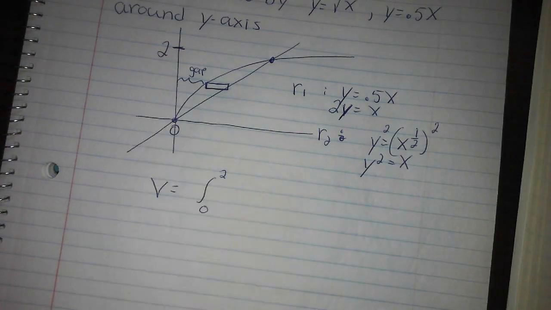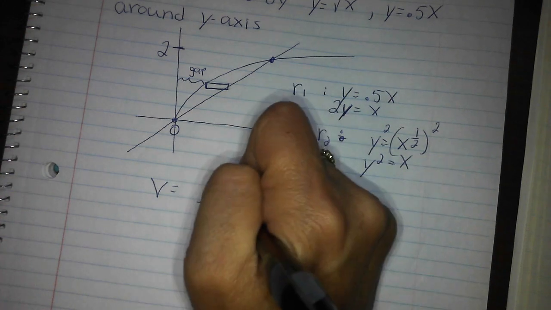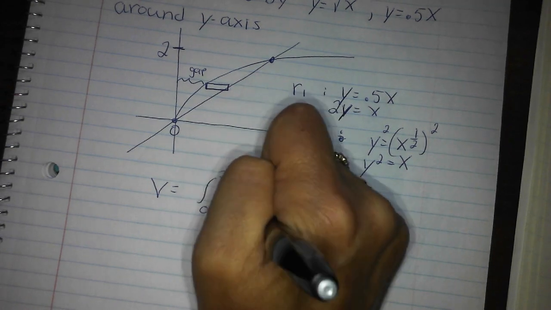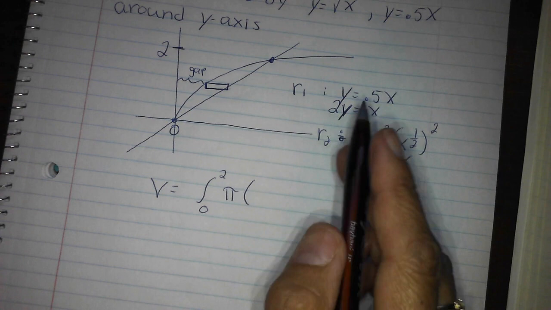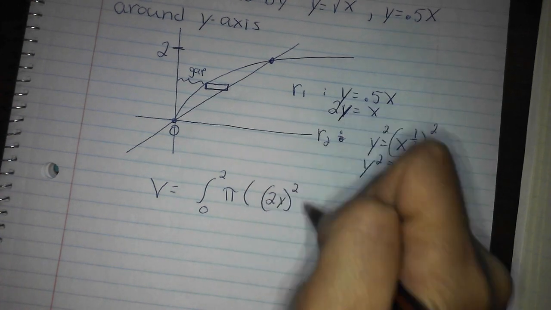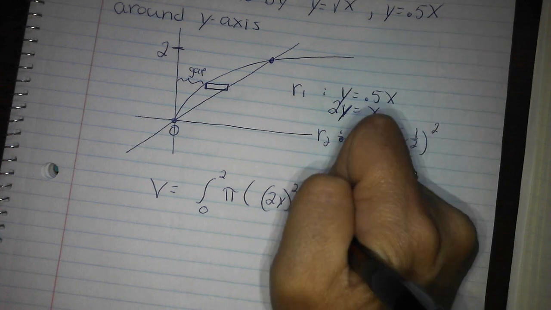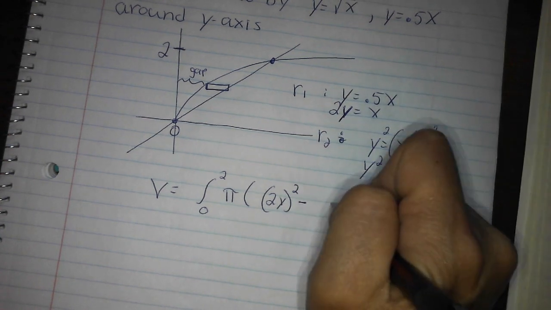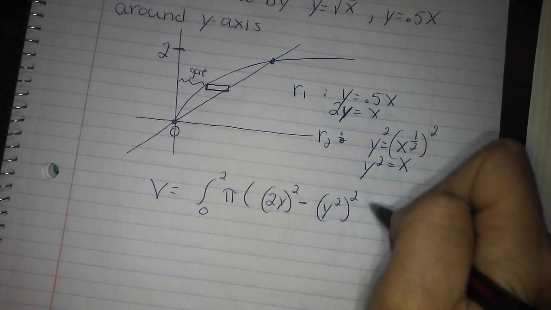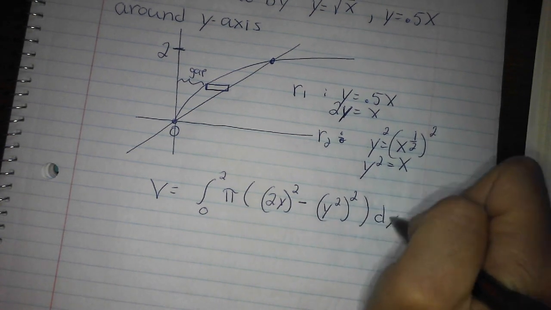So the gap is what determines that it's a washer. So pi times parentheses R1 squared, so that's 2y, the whole thing squared, minus, I need the y squared squared, and then dy for the height.